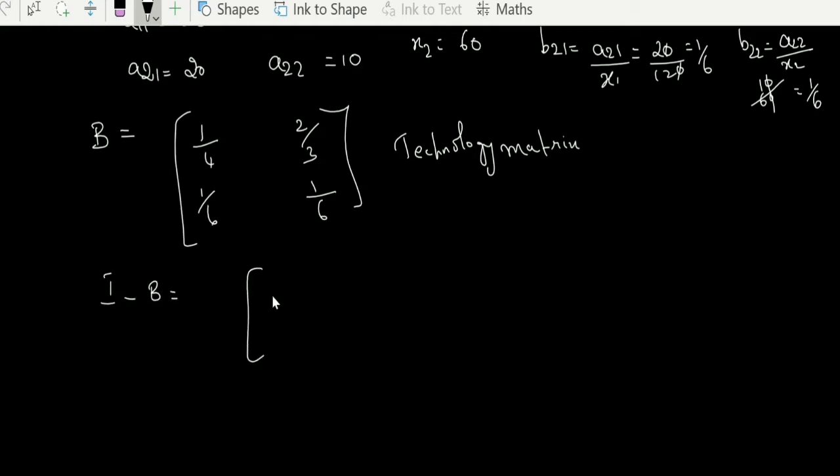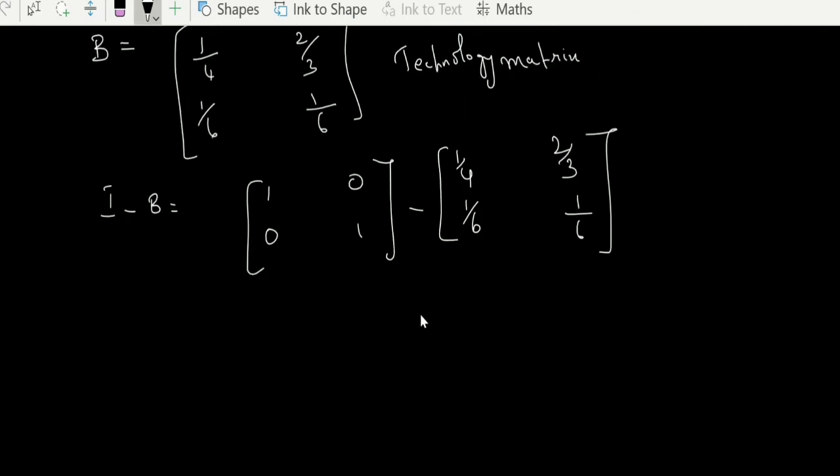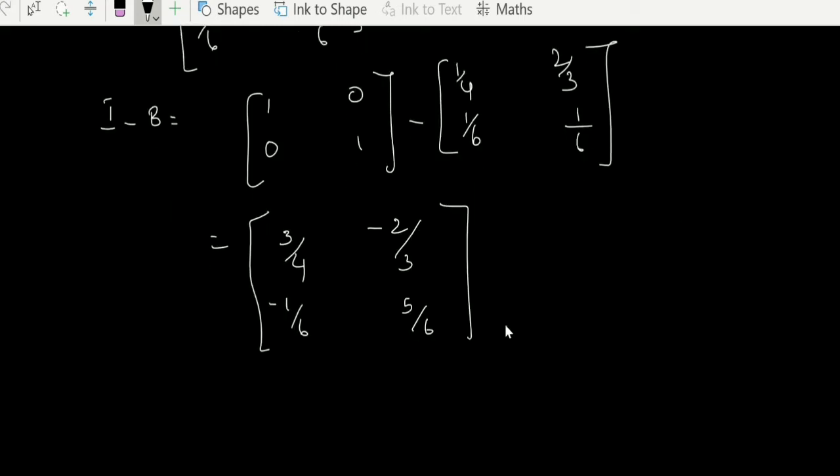That is one identity matrix, 1 0 0 1, minus 1 by 4, 2 by 3, 1 by 6, 1 by 6. So subtract, you get 1 minus 1 by 4, 3 by 4, minus 2 by 3, minus 1 by 6, 5 by 6. The main diagonal elements are positive.